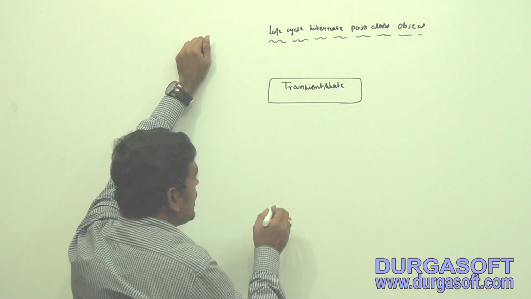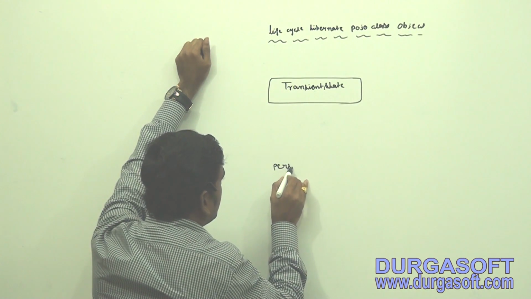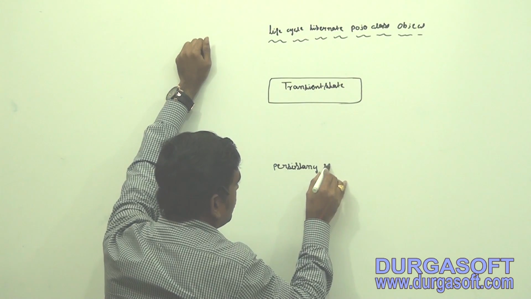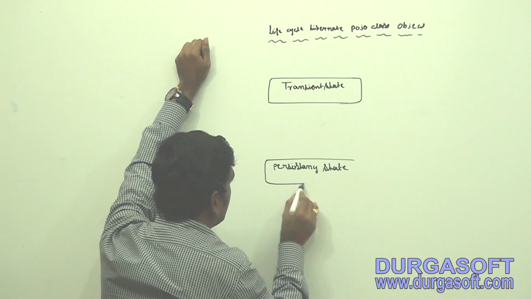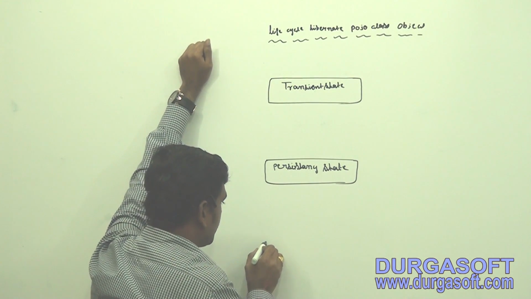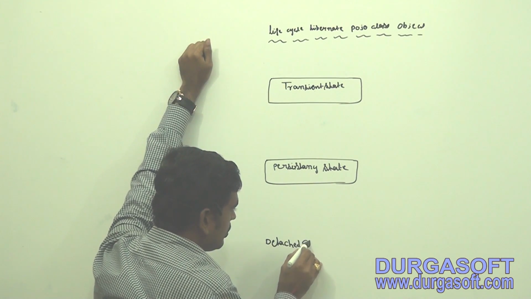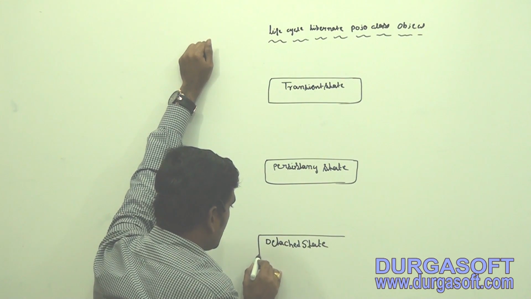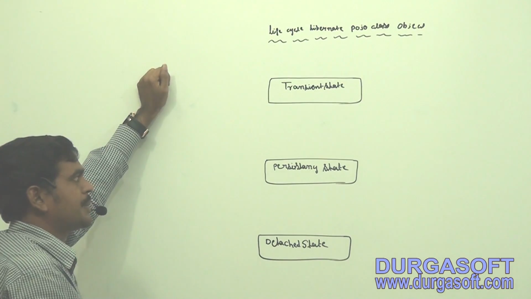The next, the second phase is the persistency state. The next, the third stage is the detached state. Every object has these three stages.